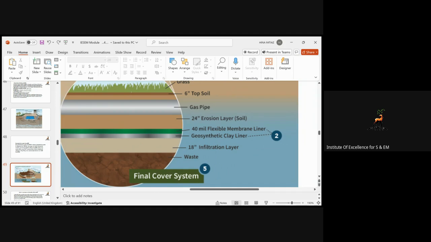For instance, you are preventing the leakage from the landfill. So for that purpose, a composite liner has been installed. A composite liner is 1,000 times more resistant to leakage than either component used alone. So a composite liner is very, very beneficial for such type of waste. If you want to dispose of such waste, you must install the composite liner.